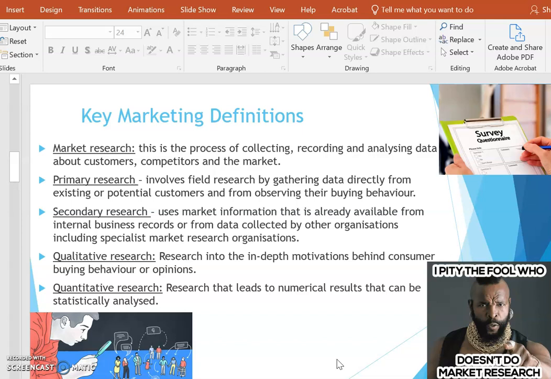So, for example, a business might look at its internal business records. So, what we mean by this is the information that the business already has on their customers. So, it might relate to their past sales history. So, what kind of products have they been buying? Is there a trend where they're buying more and more products or less and less products?